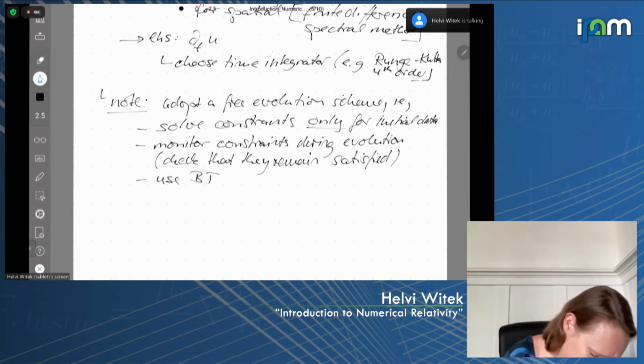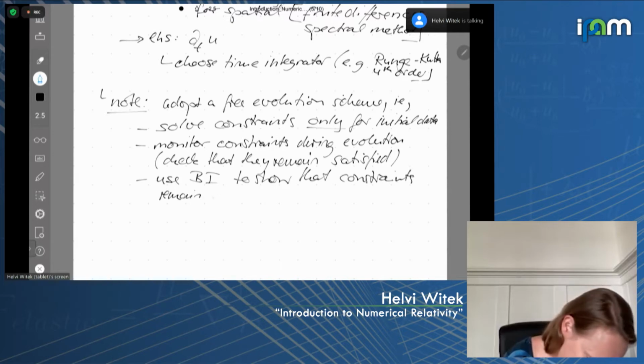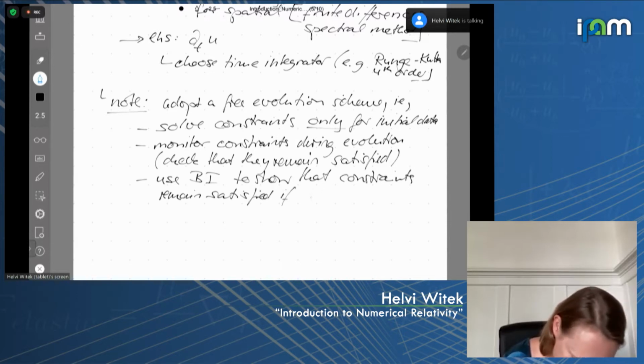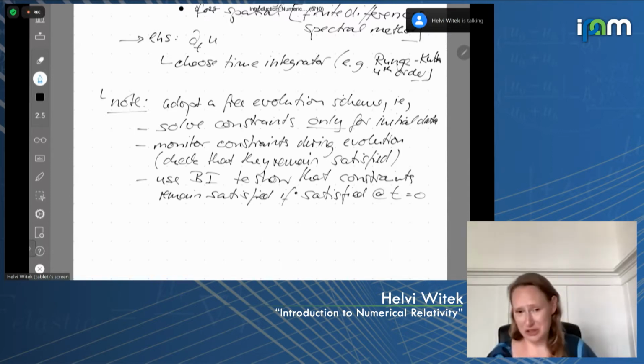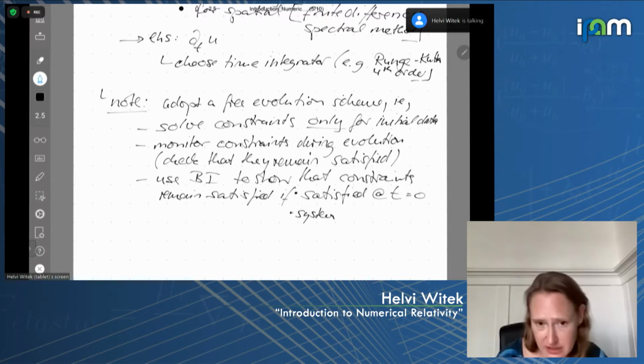Constraints remain satisfied if they're satisfied on your initial slice, which is what you're imposing if you're solving the initial data properly, and if the system evolves according to Einstein's equations or your evolution equations.